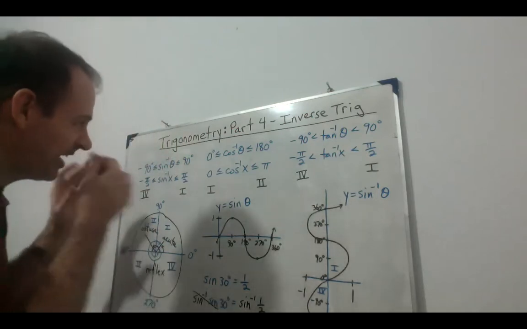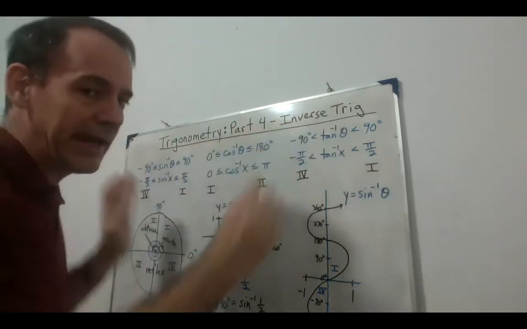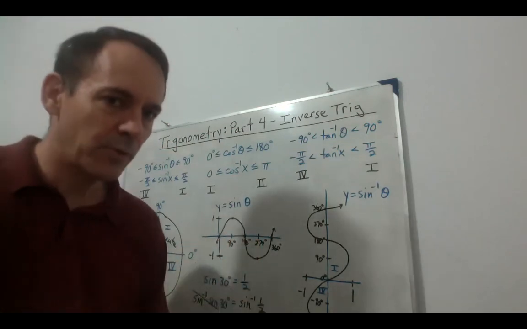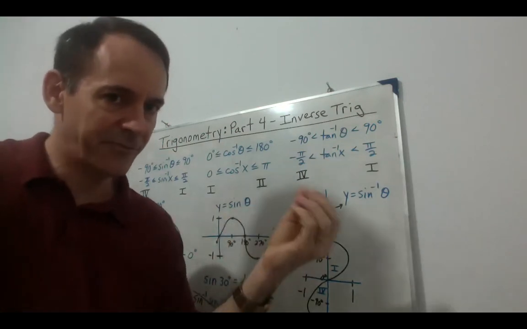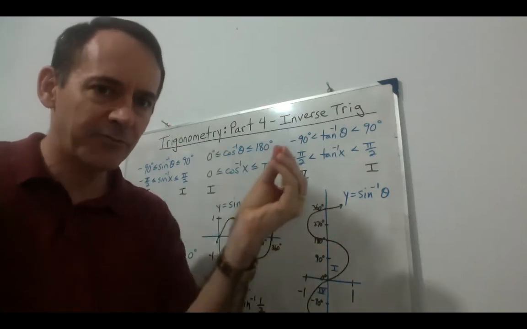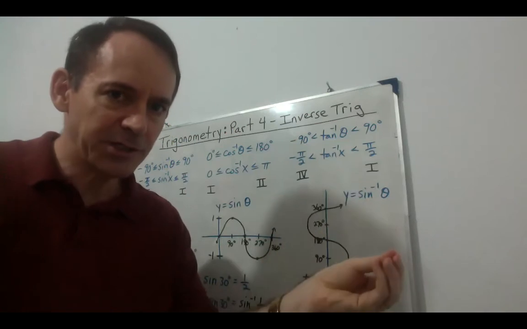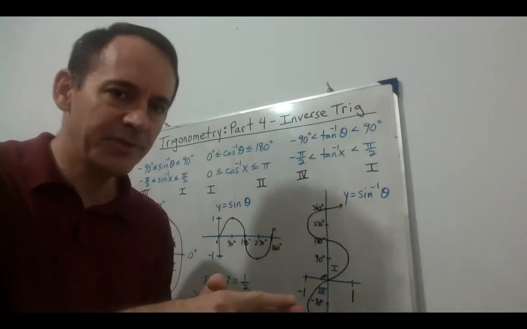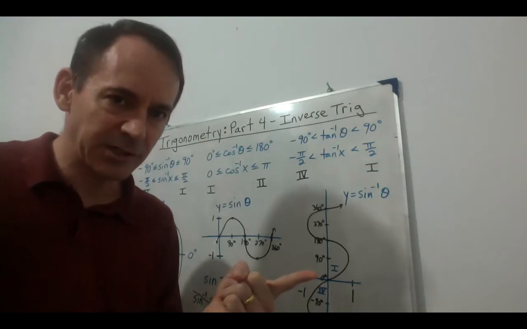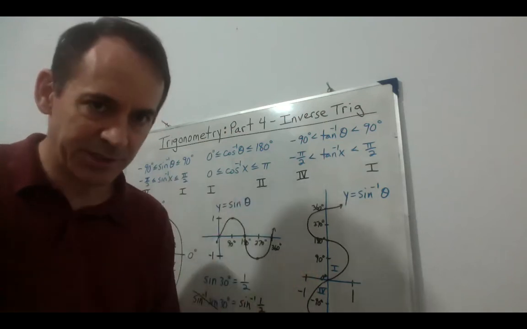But they give to us these range statements, okay? Now, remember in the functions unit, the domain of the regular function becomes the range of the inverse function. They switch.